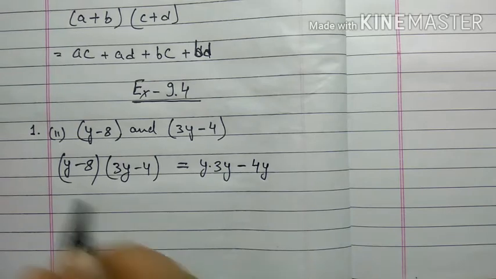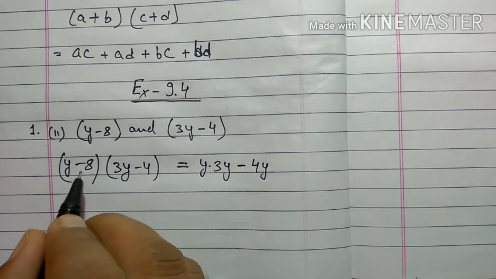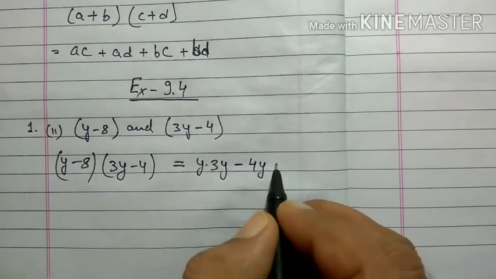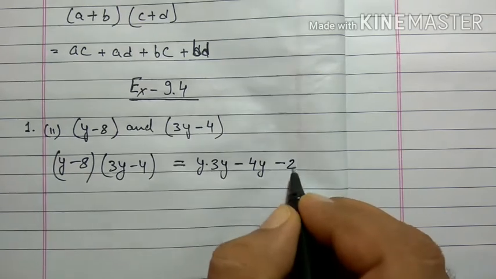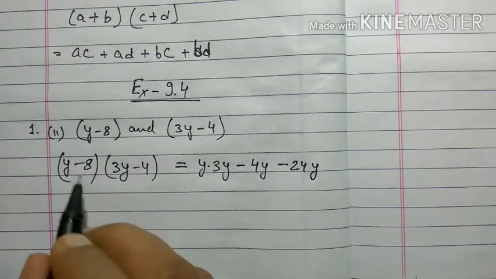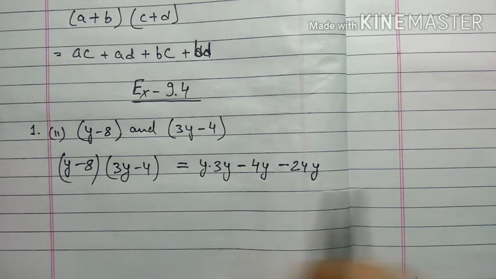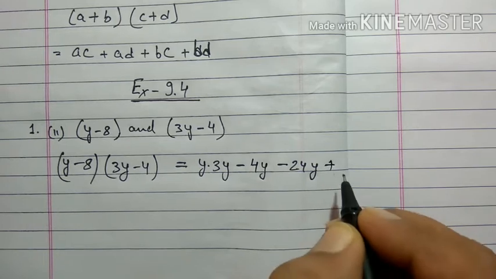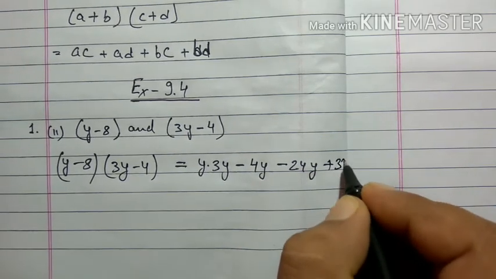Now inner, minus 8 into 3y. So minus plus minus, we will do plus minus minus, and 8 3s are 24 into y. And then last, minus minus plus 8 into 4. First we will multiply minus minus plus, 4 8s are 32.